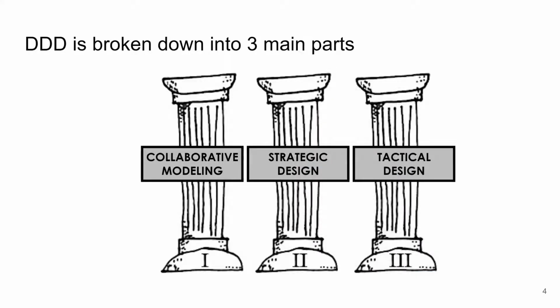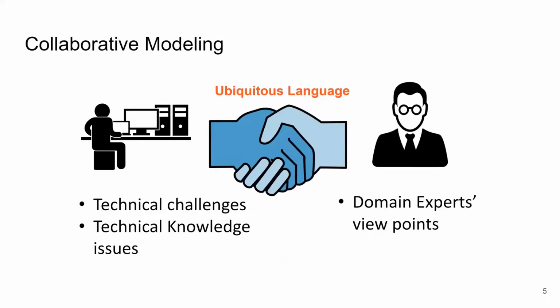So DDD is broken into three main parts: the collaborative modeling, strategic design, and tactical design. In collaborative modeling, we are looking to break the wall that we can find in many software teams between domain experts and technical people.